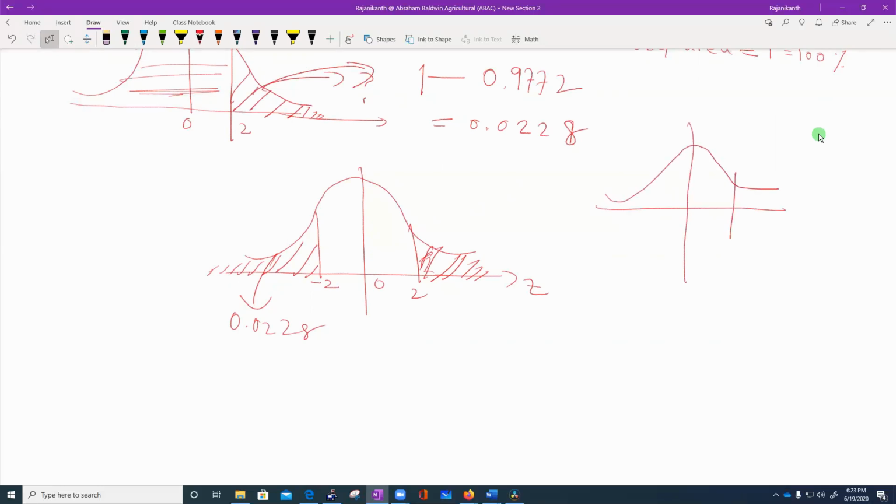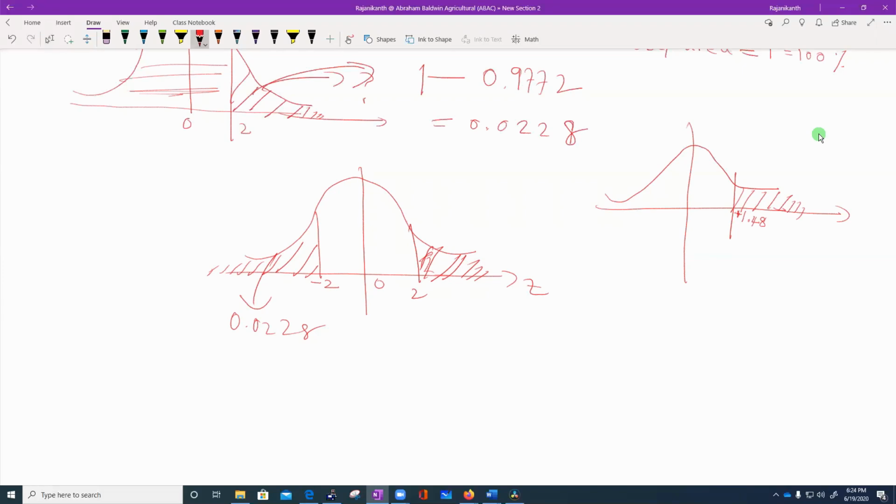Could you find out the area for positive 1.48? If you are very smart, remember, the table will not give you the right area. The table will give you the left side area, but the question is finding the right side area.